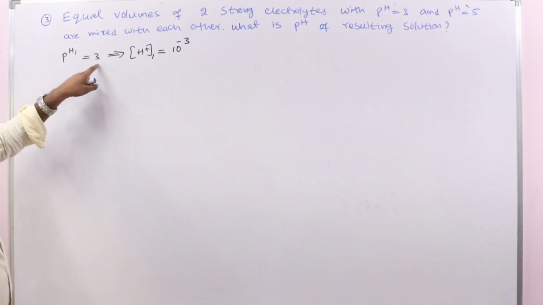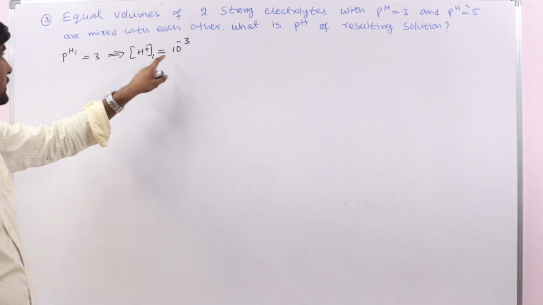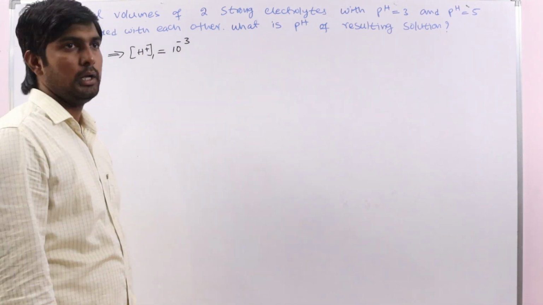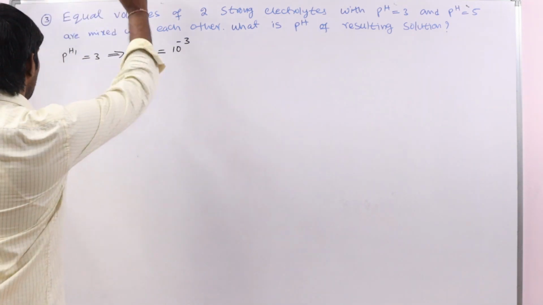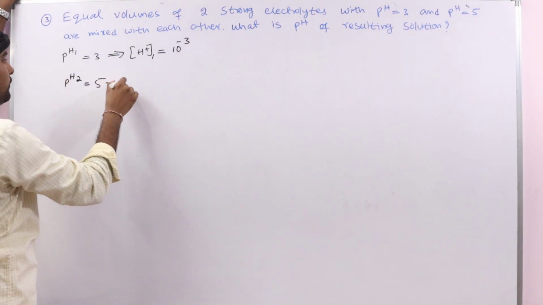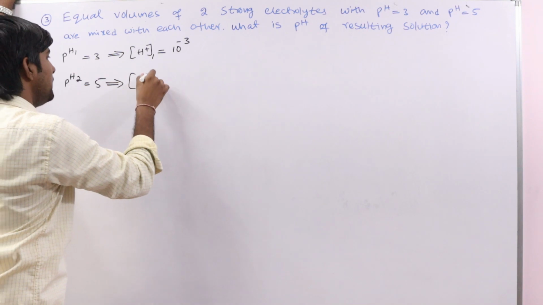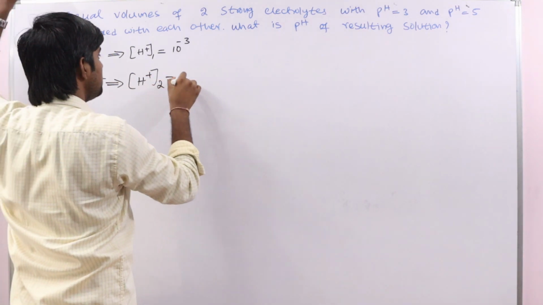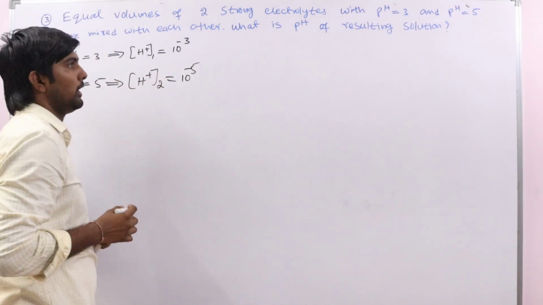So if pH equal to 3 means H plus ion concentration is 10 power minus 3, right? And pH 2 is equal to 5. From this, H plus ion concentration in the second solution equal to 10 power minus 5.